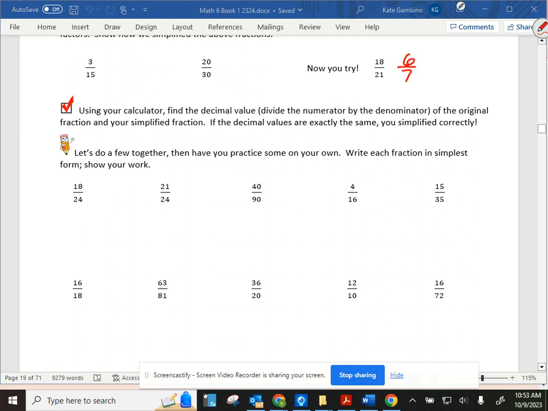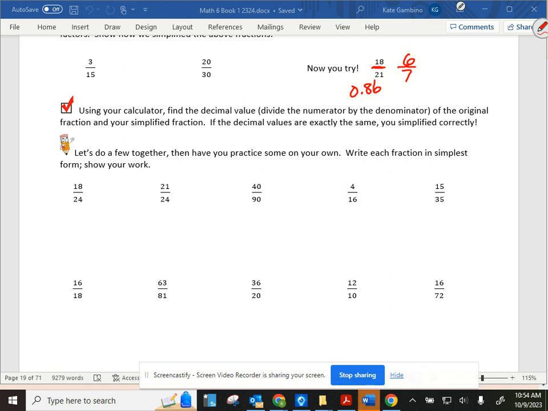If I do 18 divided by, that fraction bar means divide, 18 divided by 21, that gets me 0.86. I round to that hundredth place. Now I'm going to take my 6 and divide it by 7.